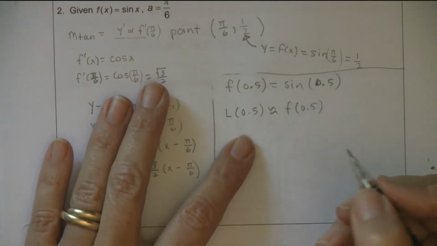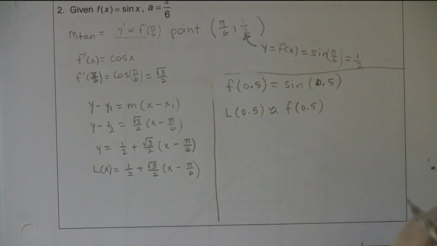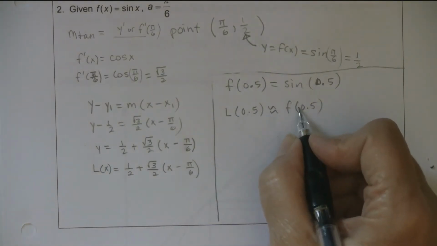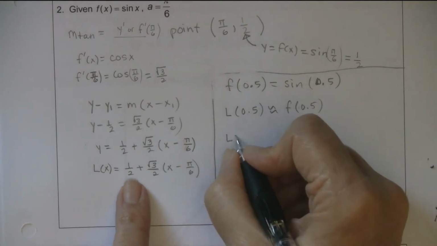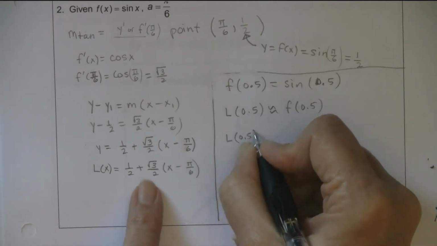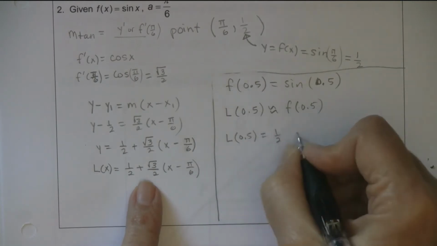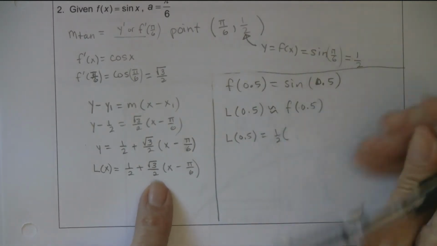And so that's the idea, is that I can use this to approximate that thing that I want to find. And that thing that I want to find then, so let's look at it and see if we can find it here, is equal to half. And then this is equal to plus.